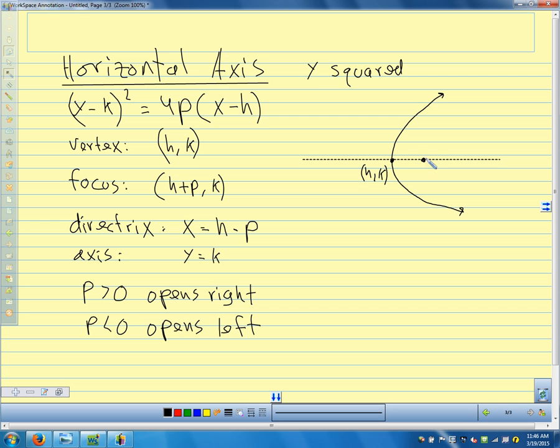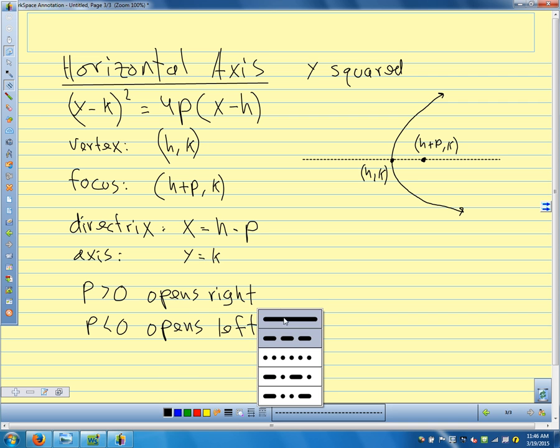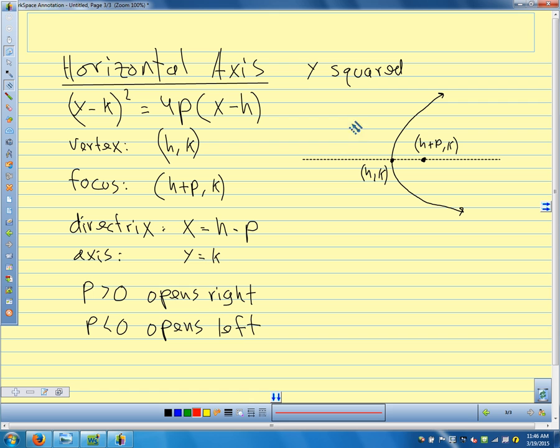Our focus is inside the parabola, so we're moving right, (h plus p, k). And our directrix is going to be this vertical line to the left here, and that's the line x equals h minus p.